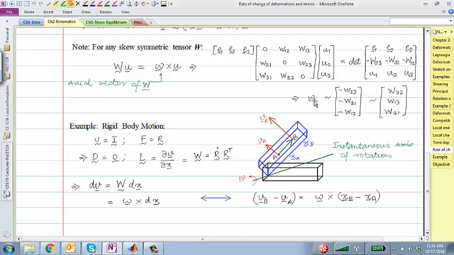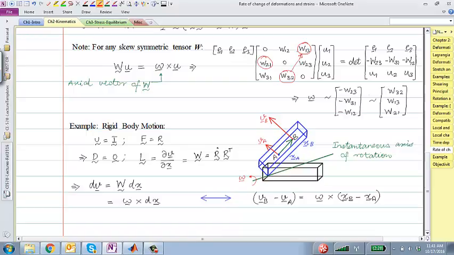But what you really should be able to see is that the components of this angular velocity vector omega are these three: W32, W13, and W21. So W32 is right here, W13 is right here, and W21 is right here.